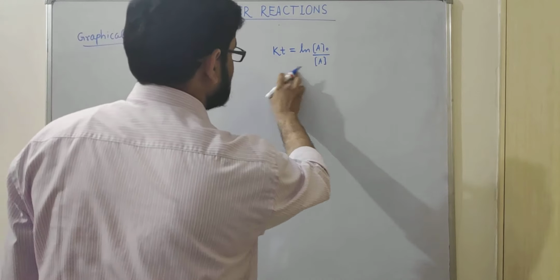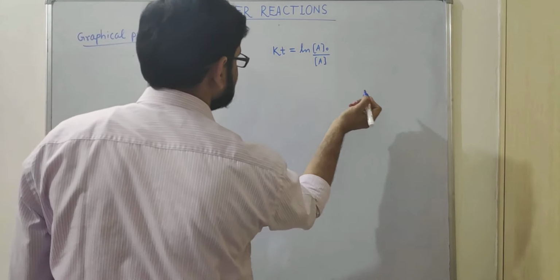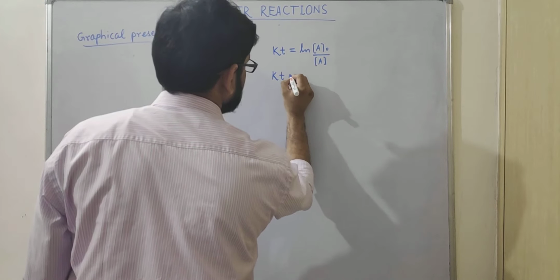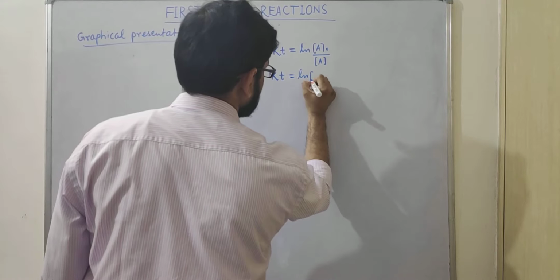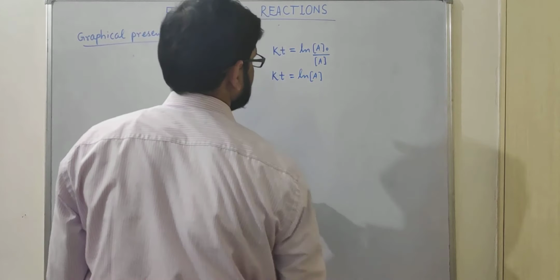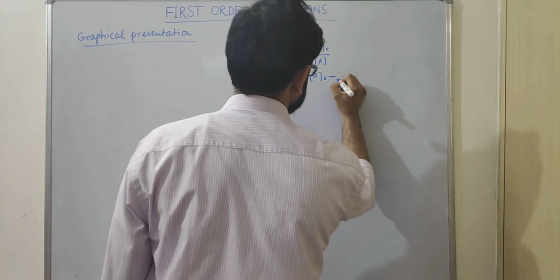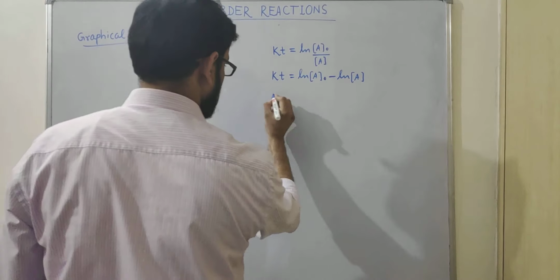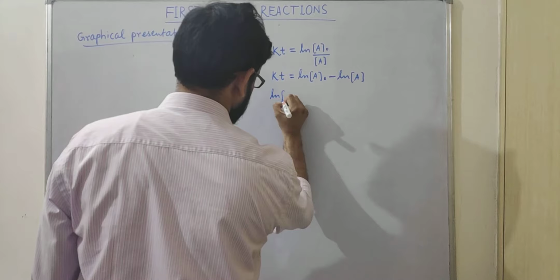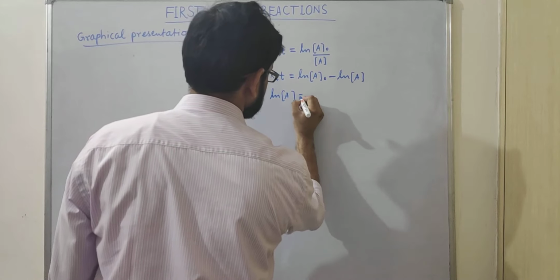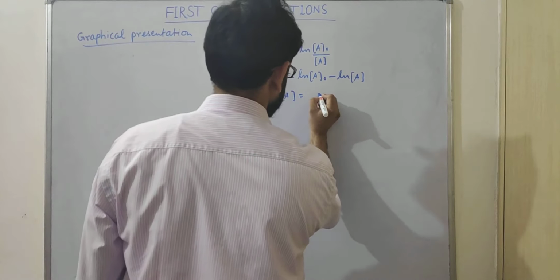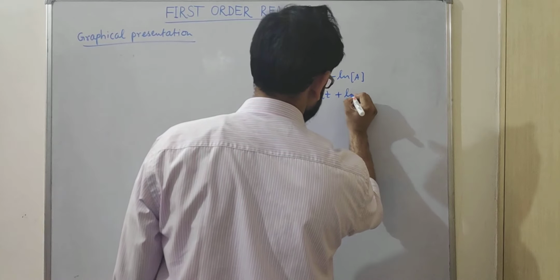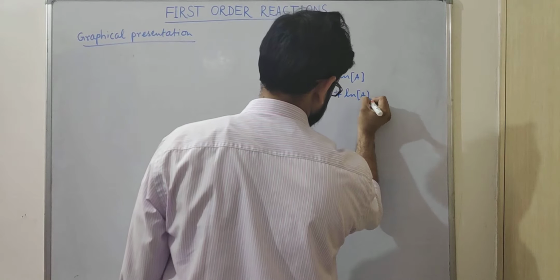In a different way, this equation can be written like as kt is equal to ln A0 minus ln A, or we can write ln A is equal to minus kt plus ln A0.